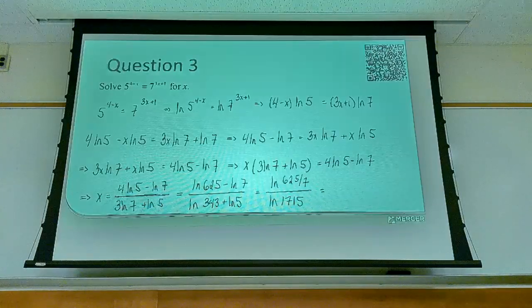Now I can do change of base. Because both numerator and denominator have the same base, we can just write this as a single logarithm. The base of our new log, remember, is what we're taking the log of in the denominator, 1715 in this case.